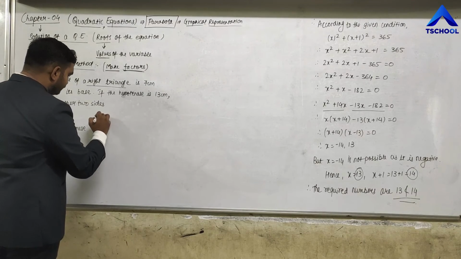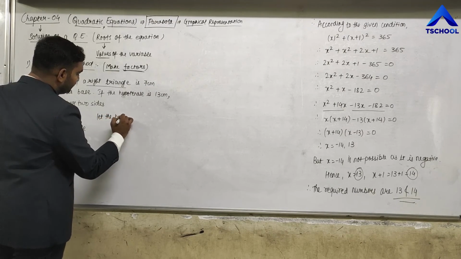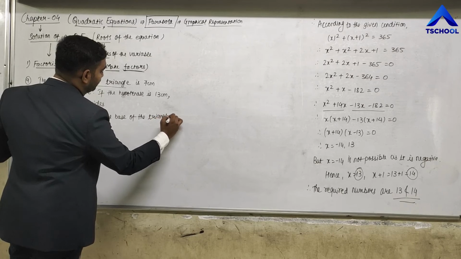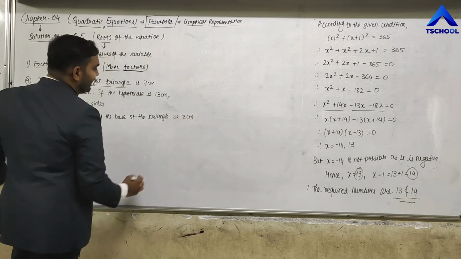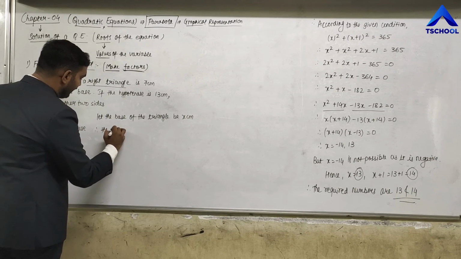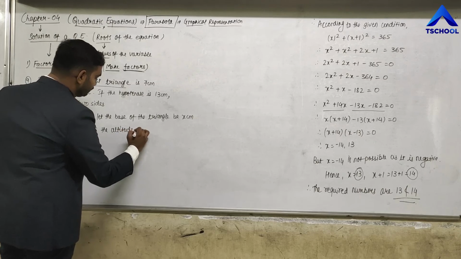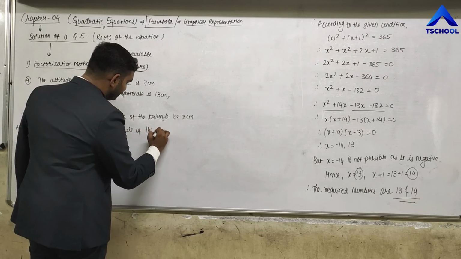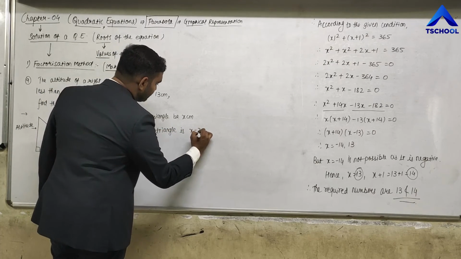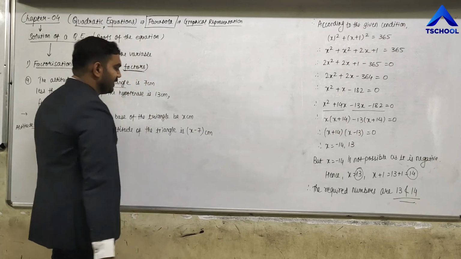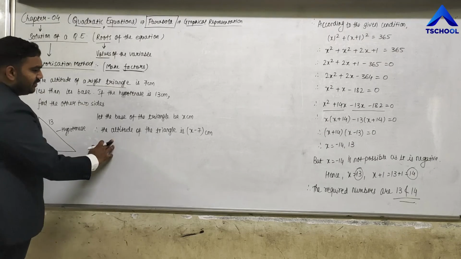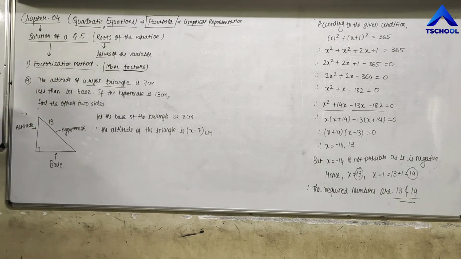So let the base of the triangle be x centimeter. Therefore the altitude of the triangle is x minus 7 centimeter. Yes or no? Right? Altitude is x minus 7. See, the altitude is 7 less than the base of the triangle.